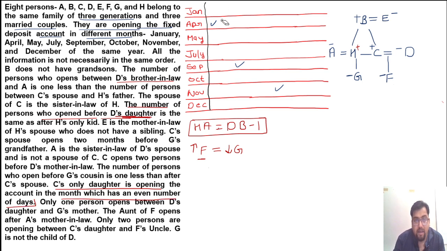So F can be here, because C's daughter is F. So we know the position of F.